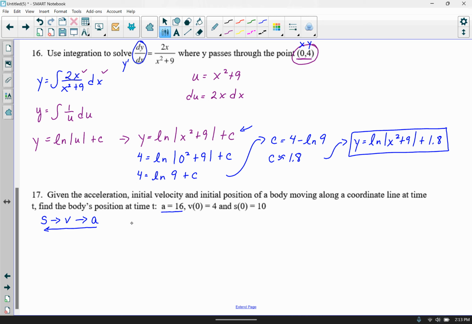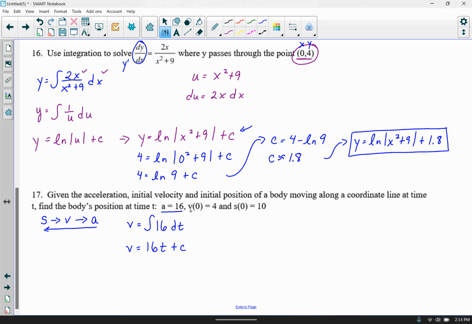So we know what our given acceleration is. Acceleration is 16. So the velocity would be equal to the integral of that acceleration, with respect to time. So I'm going to say 16 dt. The integral of any constant is just that constant times your variable of integration. So that would be 16t plus c. That would be my velocity.